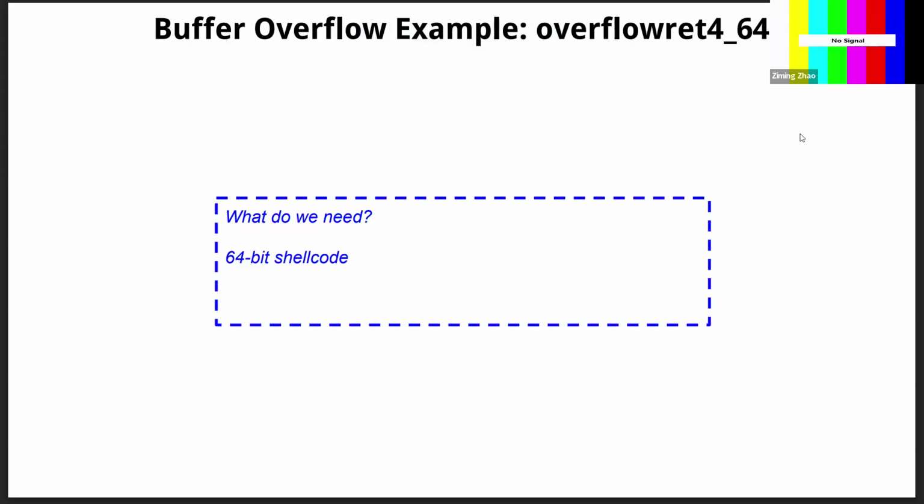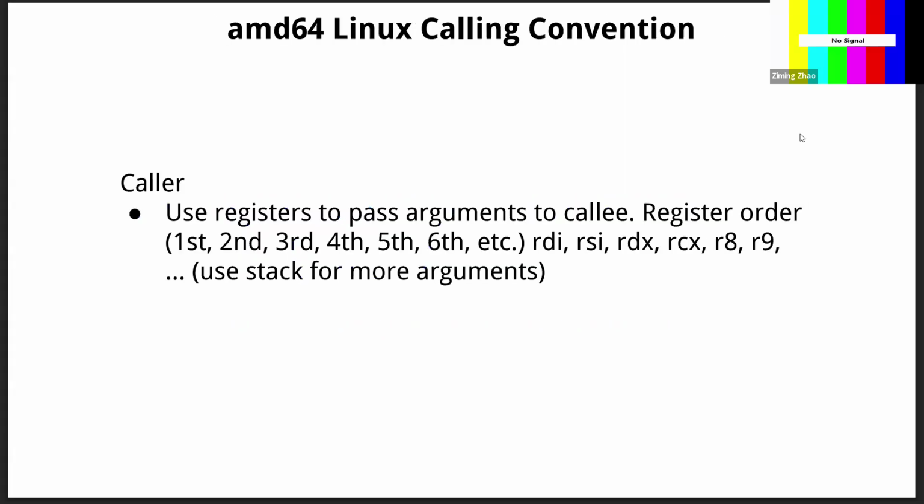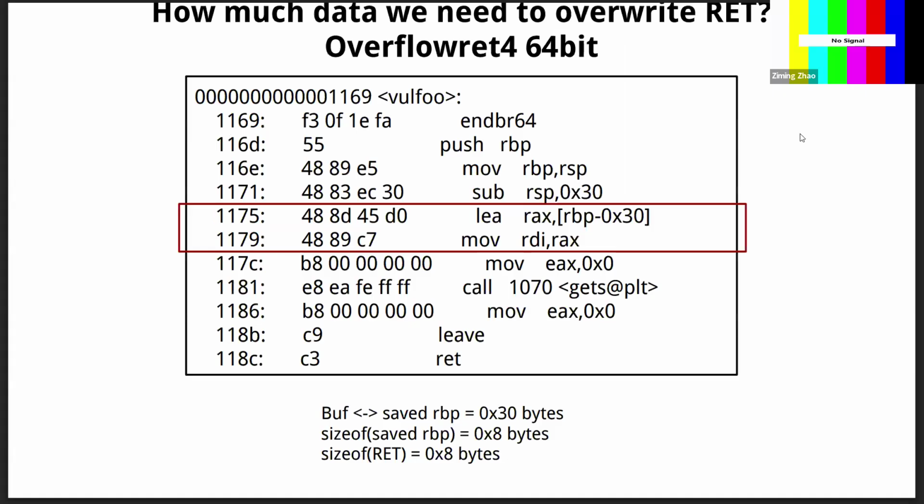First of all, do we need to change the shellcode itself? Yes, that's right. We do need to change the shellcode, because now we are running 64-bit instructions. The system call parameters are different.